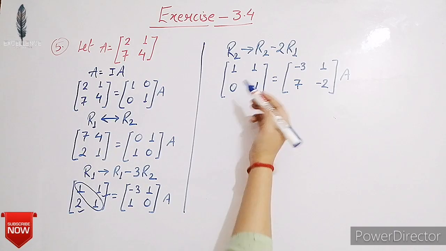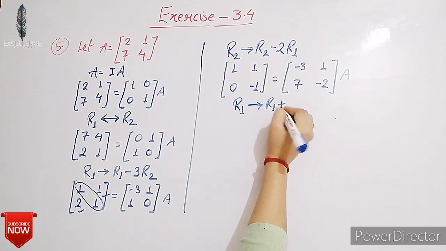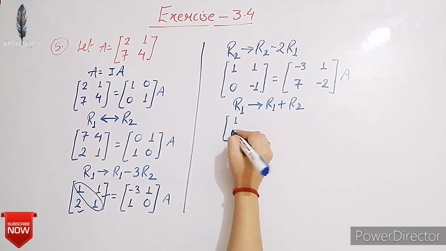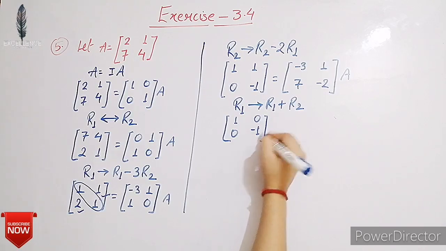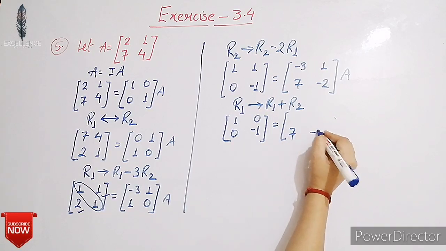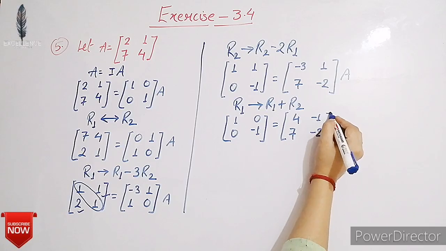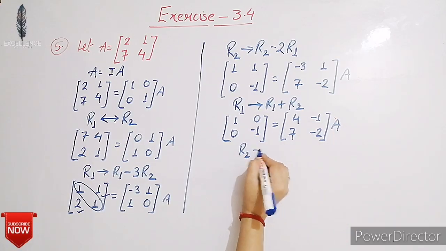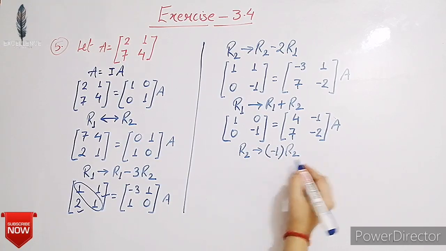Now R1 is such that R1 plus R2, then we get 1, 0, 0, 1, it is minus 1 is equal to, here R2 is same, that is 7 minus 2, apply changes on R1, then we have 4 minus 1, A. Now it is minus 1, so changes into R2, R2 is such that minus 1 into R2.